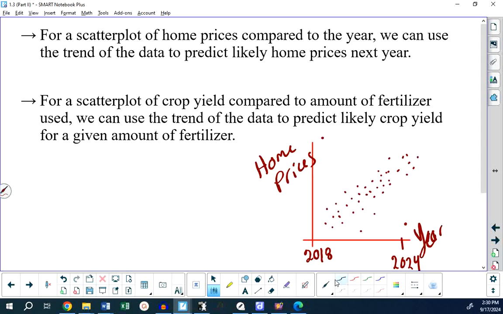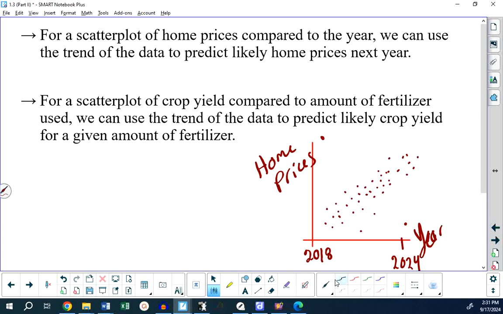There might be some home in 2024 that is really cheap because it's been gutted by a fire. There might be some home in 2018 that's really, really expensive because the person who built it was rich and they put in gold handrails and faucets everywhere. I don't know. There are always going to be outliers.